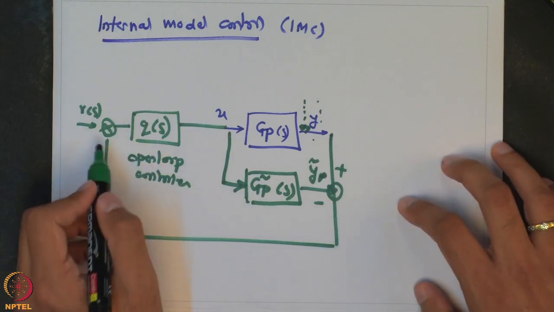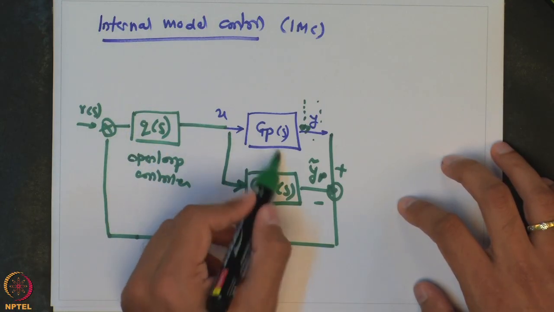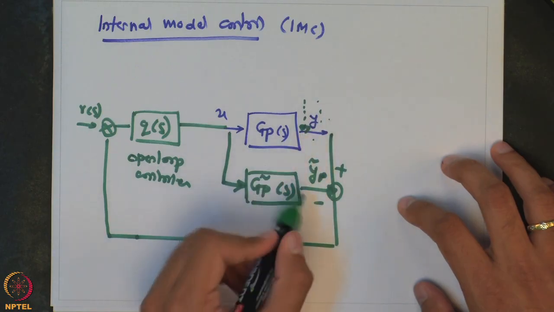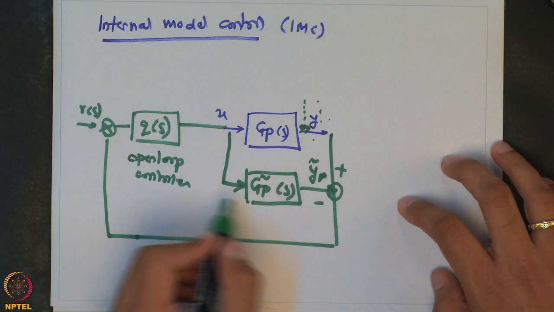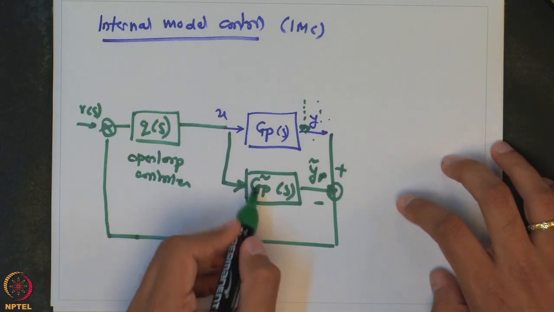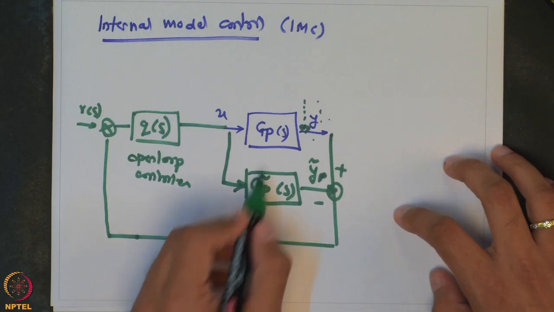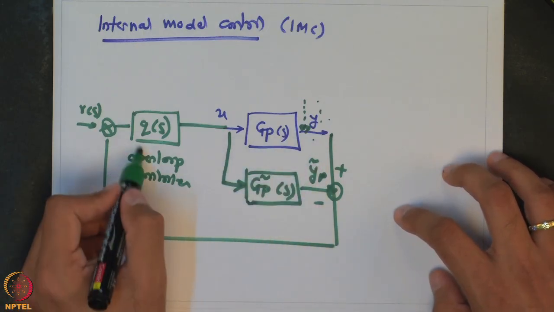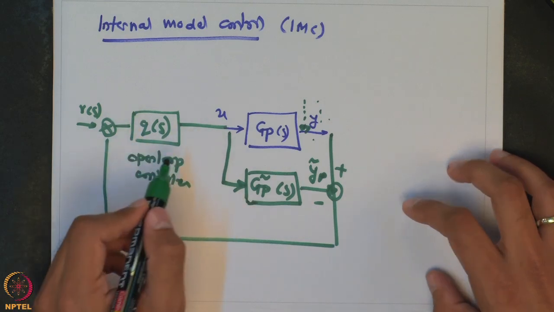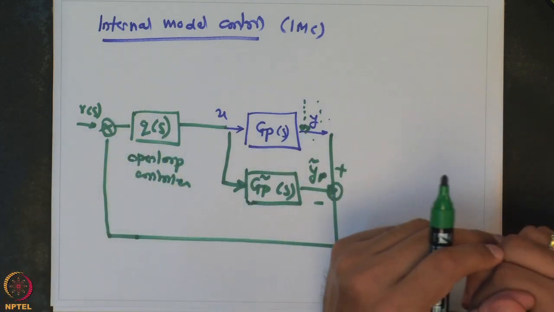So, you will see that by incorporating this sort of feedback between the actual value and the predicted value, you are still using the model of the process to compute the control law, and this open loop controller also uses that. So, it is a model based control strategy.